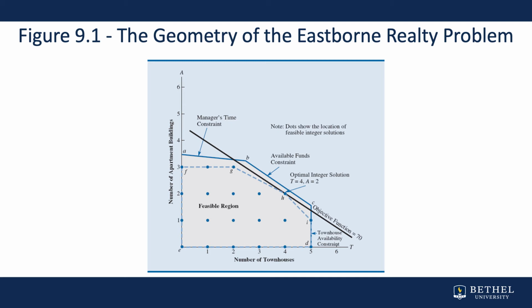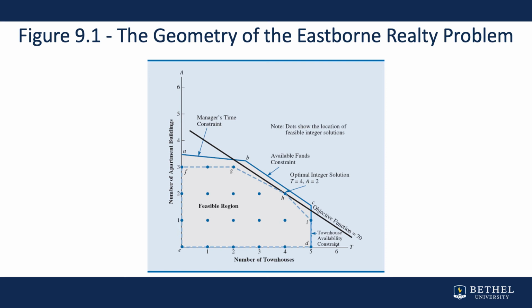The optimal integer solution, as we see here, is where T is equal to 4 and A is equal to 2. The objective function now is equal to 70. That line, as you see on this graph, goes through that point of T equals 4 and A equals 2.